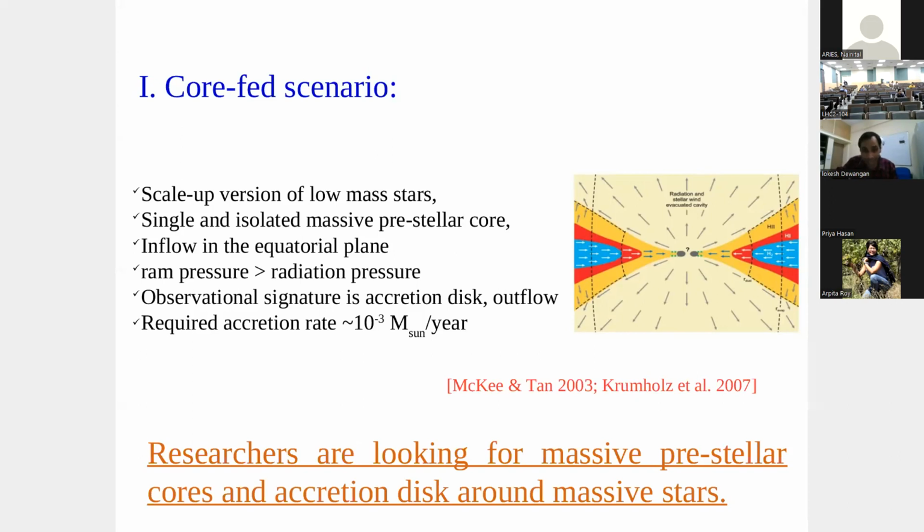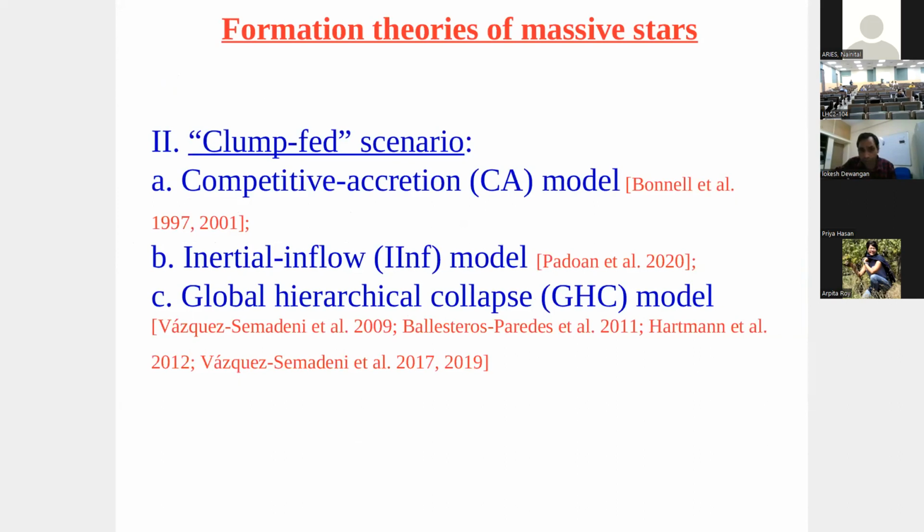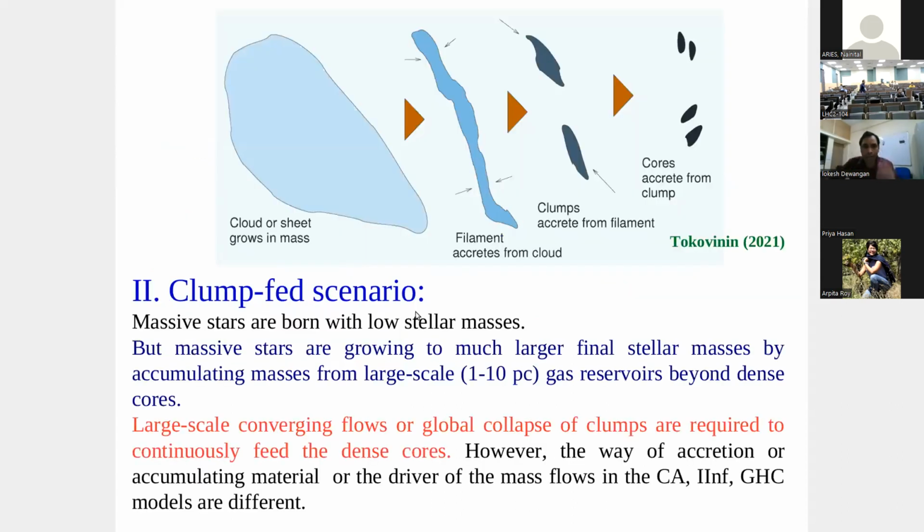Now there is another theory, the clump fed scenario. In the clump fed scenario, you have different flavors like competitive accretion, inertial inflow models, and global hierarchical collapse. The major theme of this scenario is that you have a large scale cloud, then you go towards the clump and core. So this core gets material from the large scale to the smaller scale.